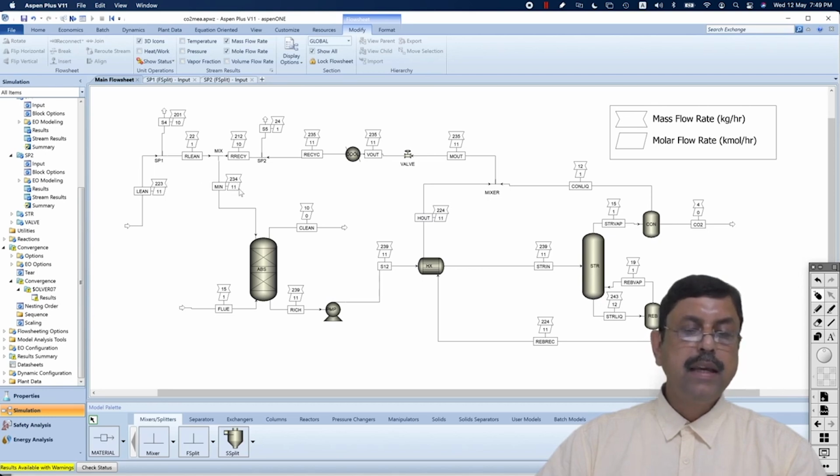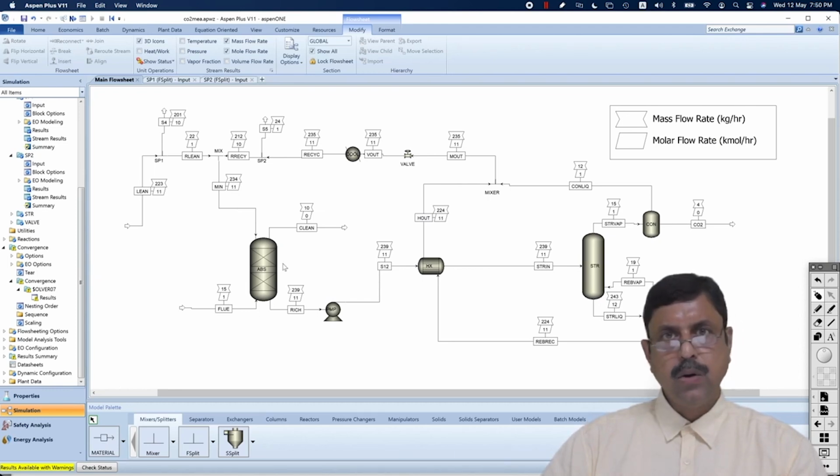So 11 kg per hour we have increased. As the mass flow rate has increased, perhaps 0.1 meter diameter column is not enough. There may be the problem of flooding over here.